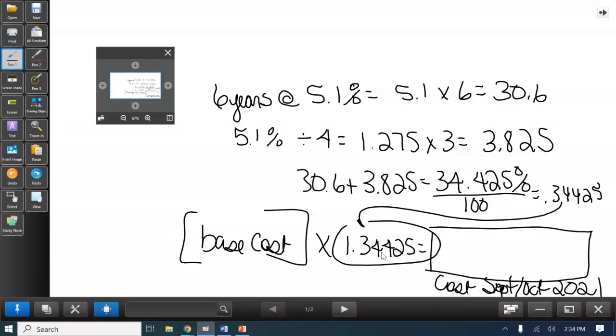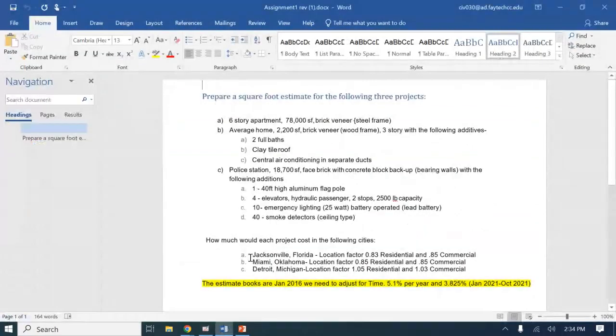And then you're going to do residential for Jacksonville, 0.83, residential for Miami, Oklahoma, 0.85, and Detroit, Michigan being 1.05. Last one, so that would be all you would need for that one.